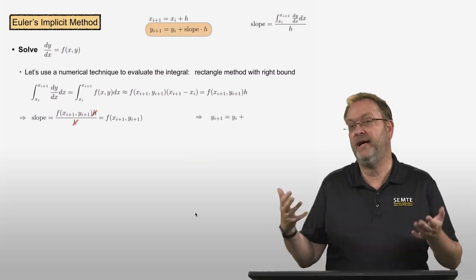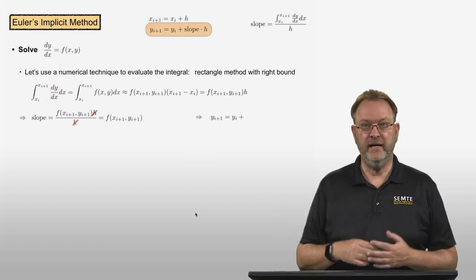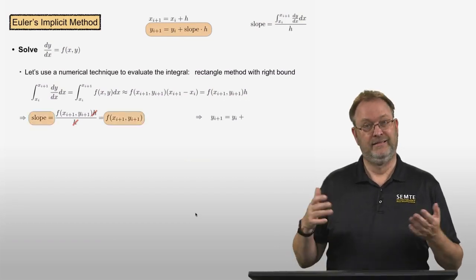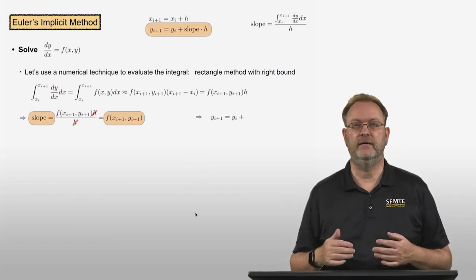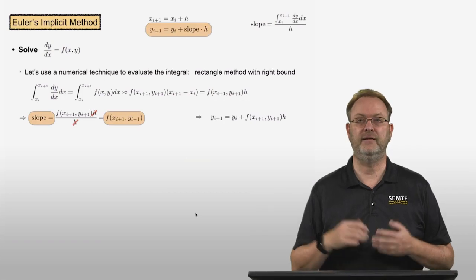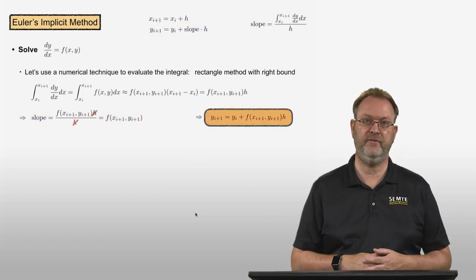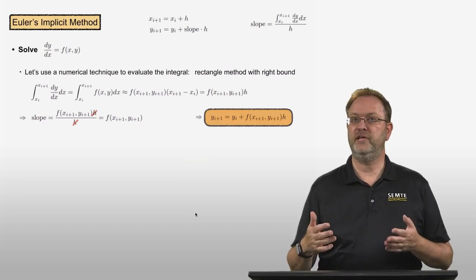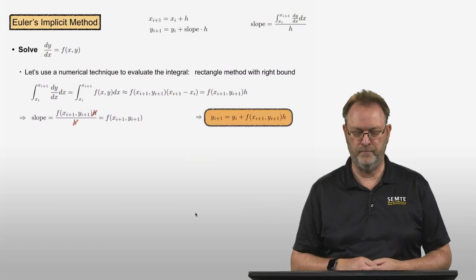So that means that y_{i+1} is equal to the currently known value y_i plus the function, the right-hand side of the ODE, evaluated at the new point x_{i+1}, y_{i+1}, times h. That is Euler's implicit method, derived using the rectangle method to approximate the integral in the average slope.